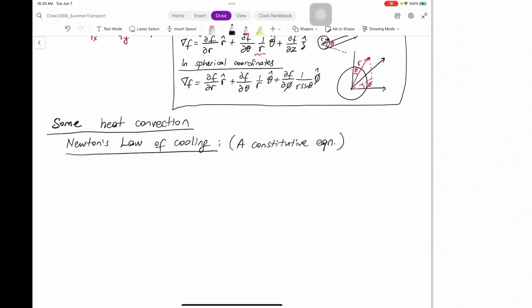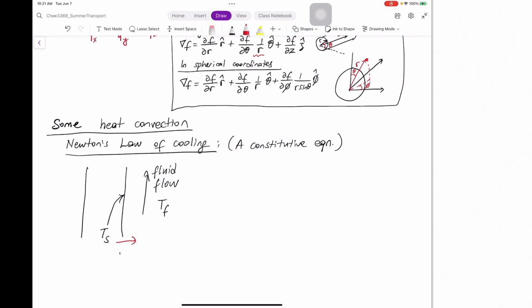So what Newton's law of cooling says is the following. Imagine you have a material, for example, a slab, and imagine the surface of the slab is at T surface, and that surface is in contact with a fluid, which is either flowing or just at rest, which is at a temperature Tf. And then imagine that the surface is hotter than the fluid, and you have your Q, the heat transferred or the flux, towards the right-hand side.